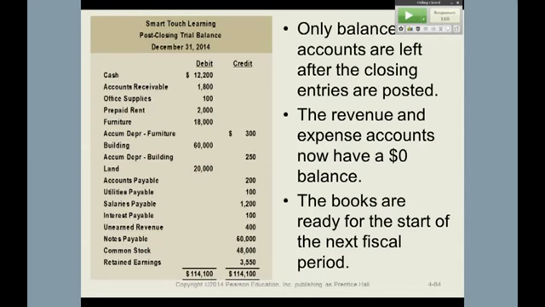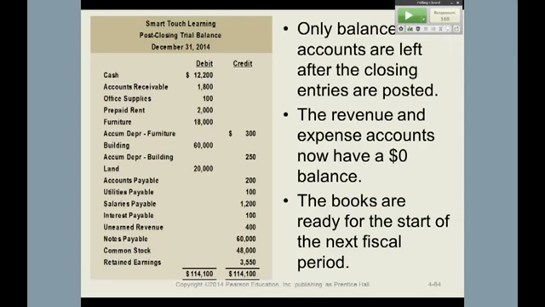So again, the question was, which was a good question, why do you have a post-closing trial balance if you already prepared financial statements? If the financial statements are already prepared and all the revenue and expense accounts are closed, why would you prepare the post-closing trial balance?